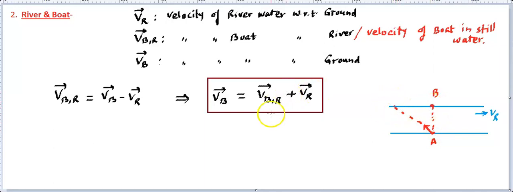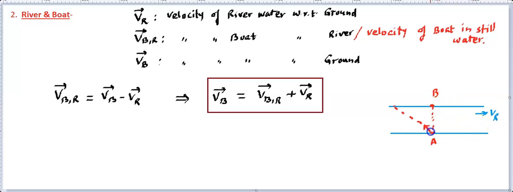Why? Because of this rule. Whatever this starts with is the velocity of boat with respect to river. And river adds its own velocity to it. And adding this velocity gives the proper velocity of boat. So this velocity is being added by this velocity, and hence you get the velocity in this direction.